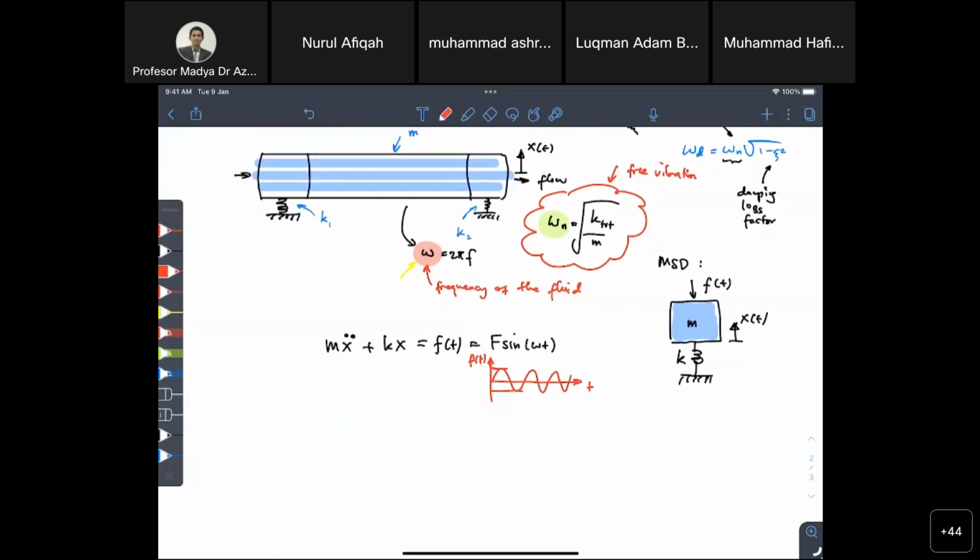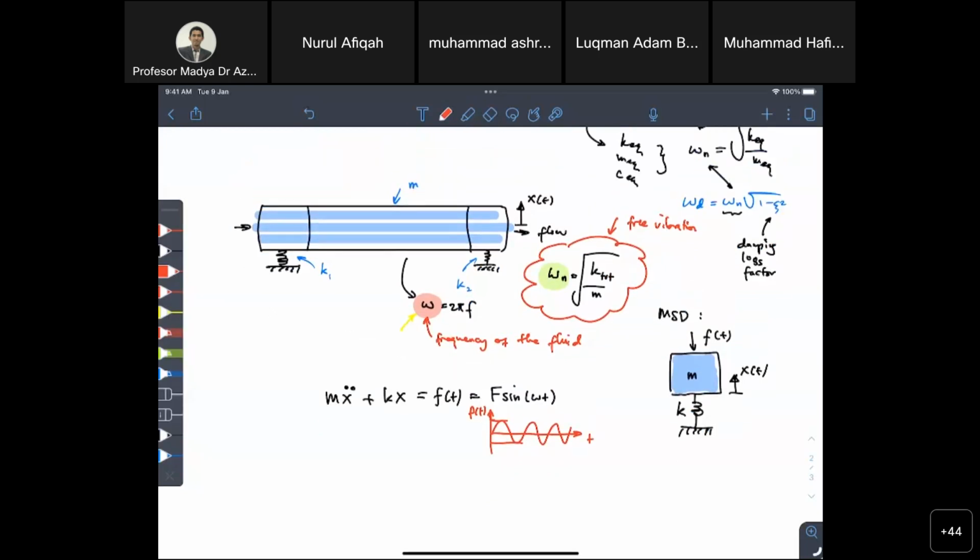Now, if the force is sinusoidal, what happens with the response, the vibration of the pipe? So this is the force from the fluid. What is the response of the pipe? The pipe will follow whatever the force exciting the pipe.